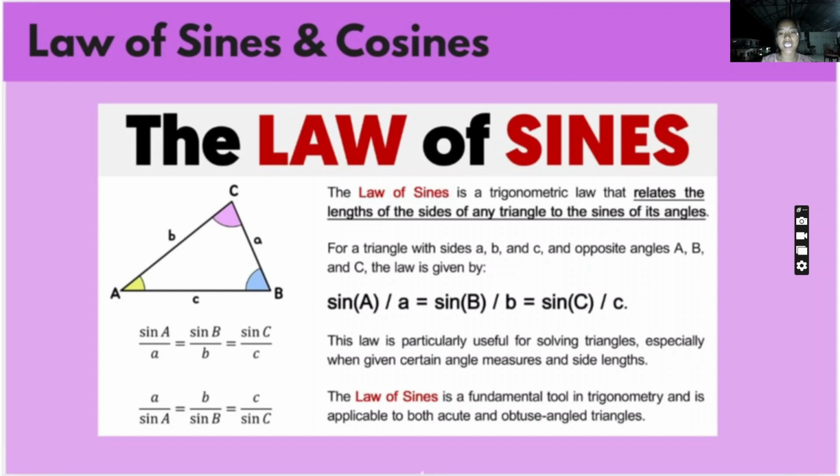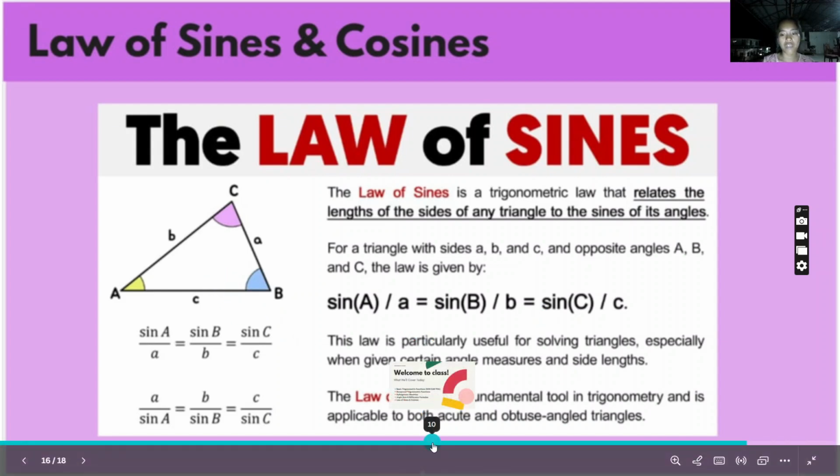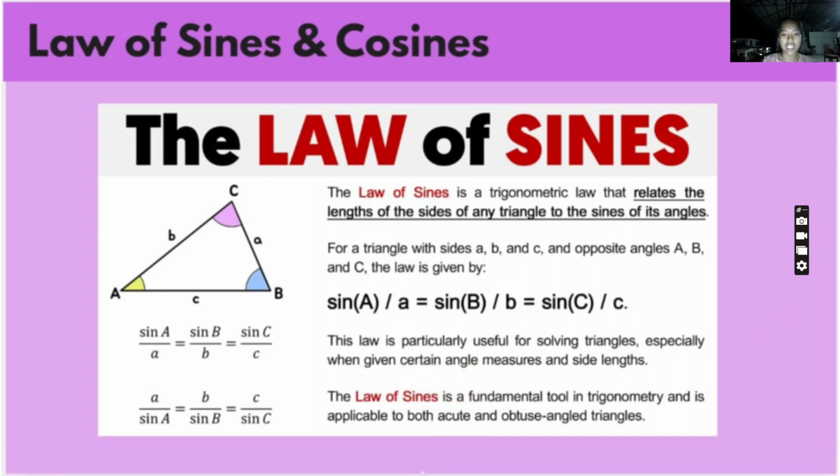For a triangle with sides a, b, c and opposite angles A, B, C, the law is given by sin A over a is equal to sin B over b, which is equal to sin C over c. This law is particularly useful for solving triangles, especially when given certain angle measures and side lengths. The law of sines is a fundamental tool in trigonometry and is applicable to both acute and obtuse angled triangles.